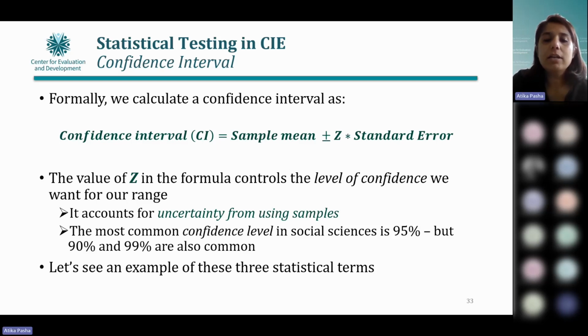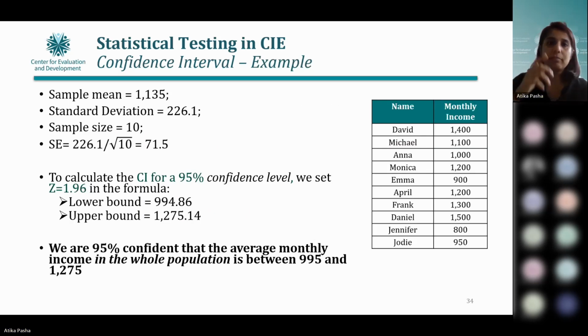Because this was a lot of formulas and new terminology, I'll try to give you a few statistical examples of each of these. So coming back to our data, we have a sample mean of 1,135. I calculated the standard deviation on it.